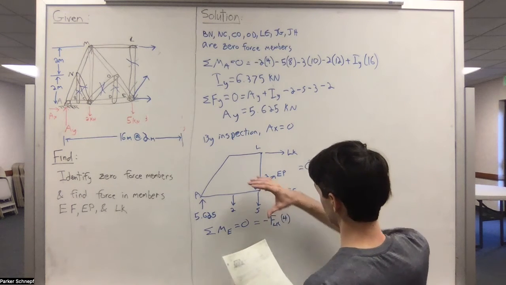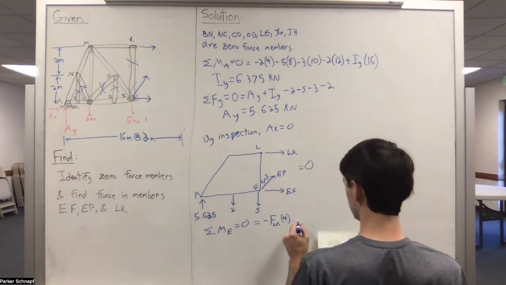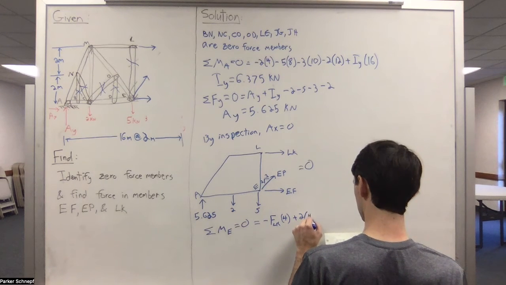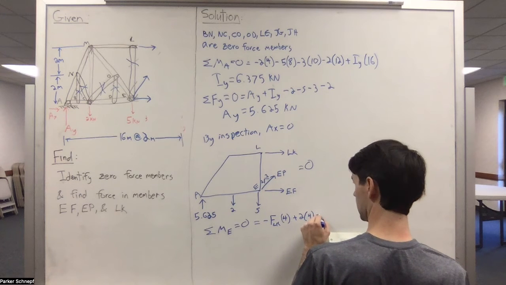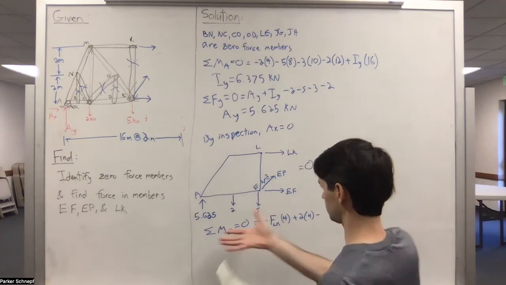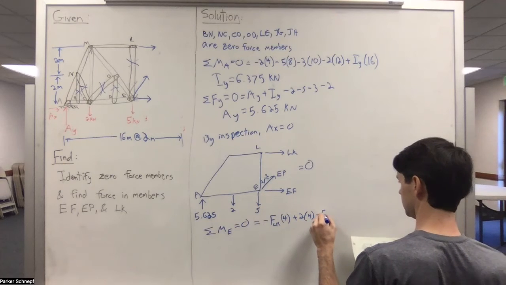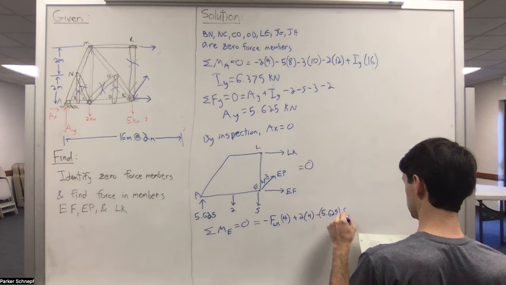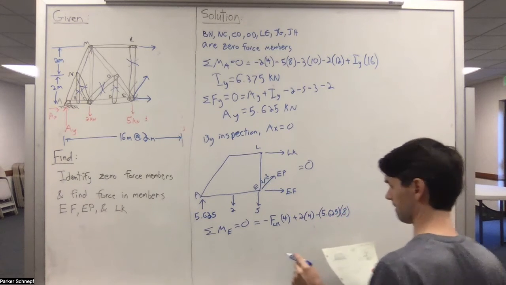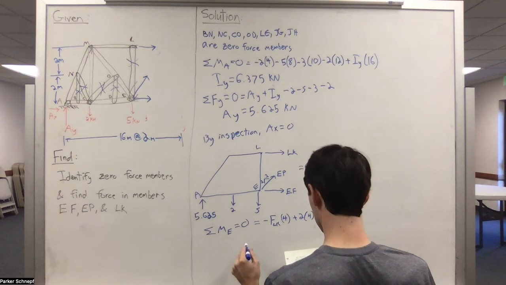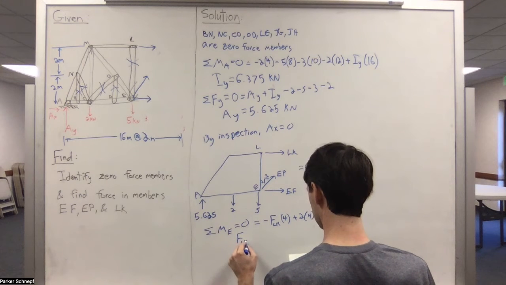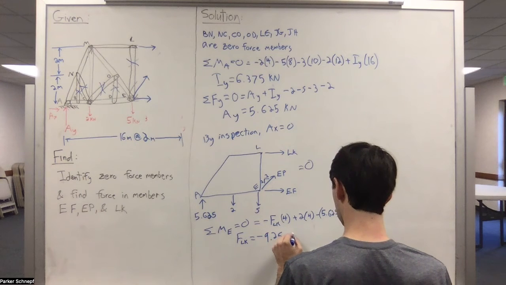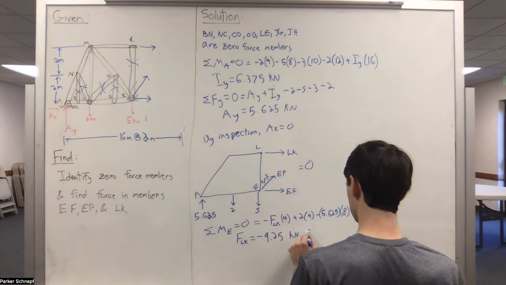And then I get a +2 times 4, minus 5.65 times 8. And that ends up giving me LK equals negative 9.25 kilonewtons, which means it's in compression.